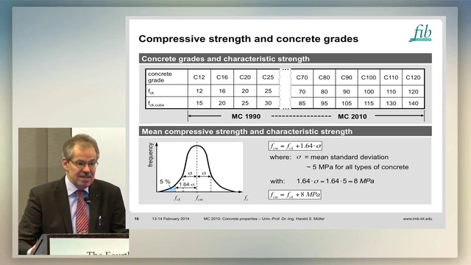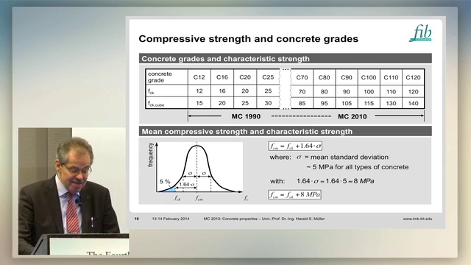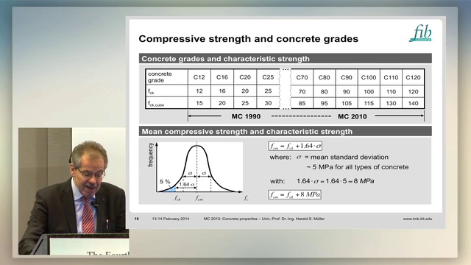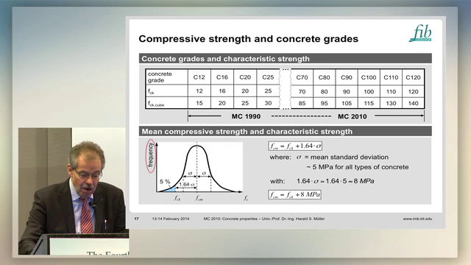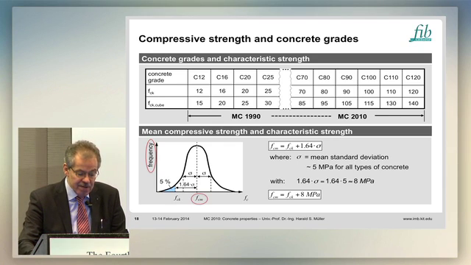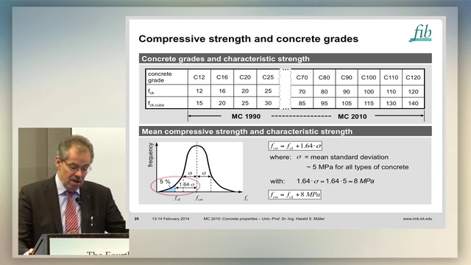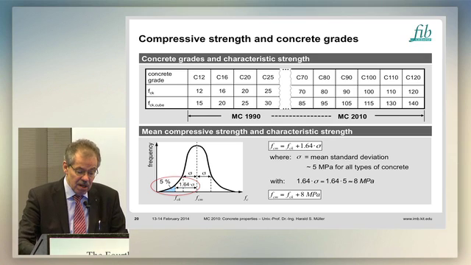And of course, it is a matter of statistics, and it's plotted here on the bottom on the left-hand side. If you have the frequency over the compressive strength, you have this type of distribution. And if you look at the 5% cutoff, it is a Gauss distribution. You have the factor 1.64 multiplied by the standard deviation.